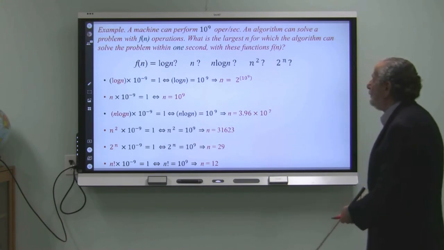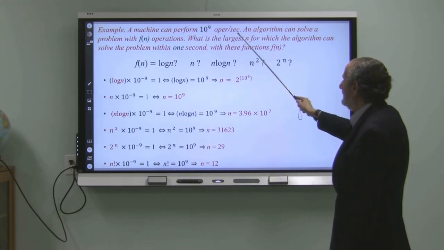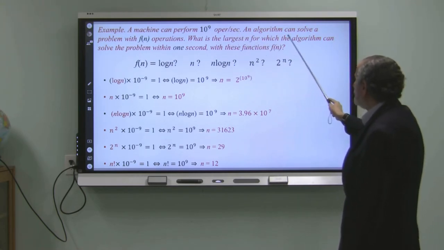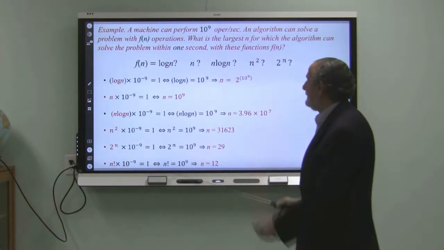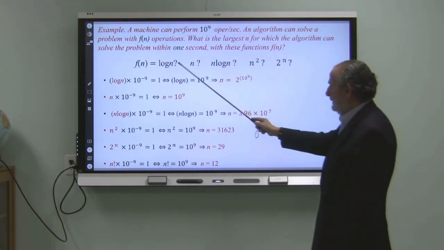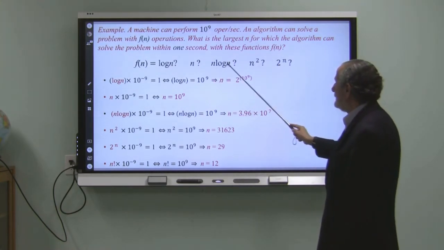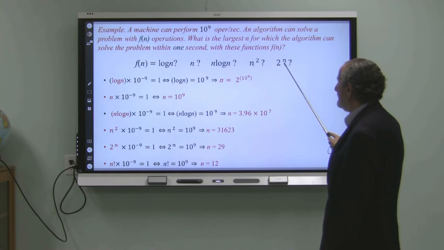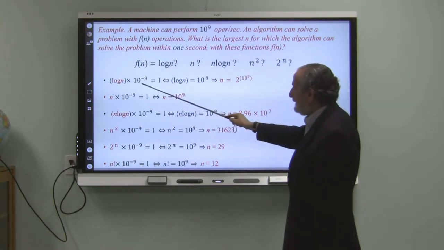Now, here's an example where I have a machine that does 10 to the power 9 operations per second. And what is the largest n for which the algorithm can solve the problem within 1 second? For these cases, I have 5 functions. All you have to do is take log n times 10 to the power negative 9.